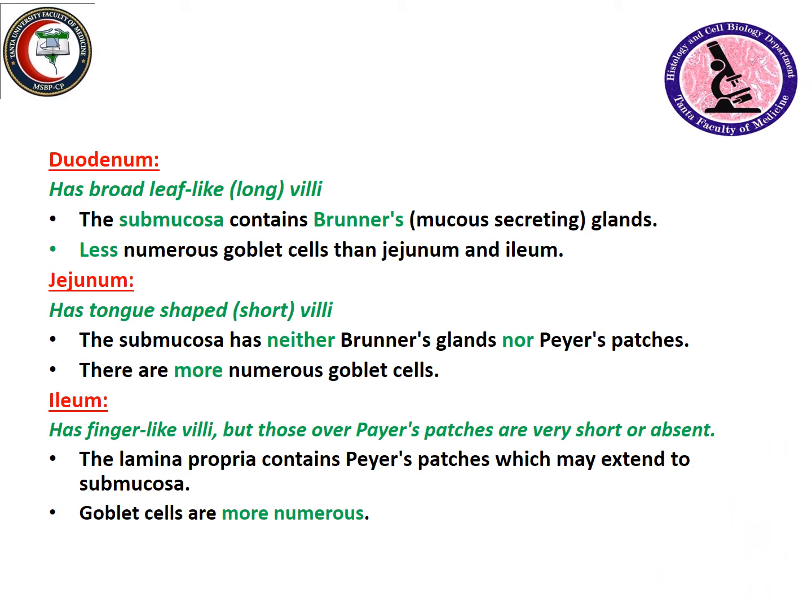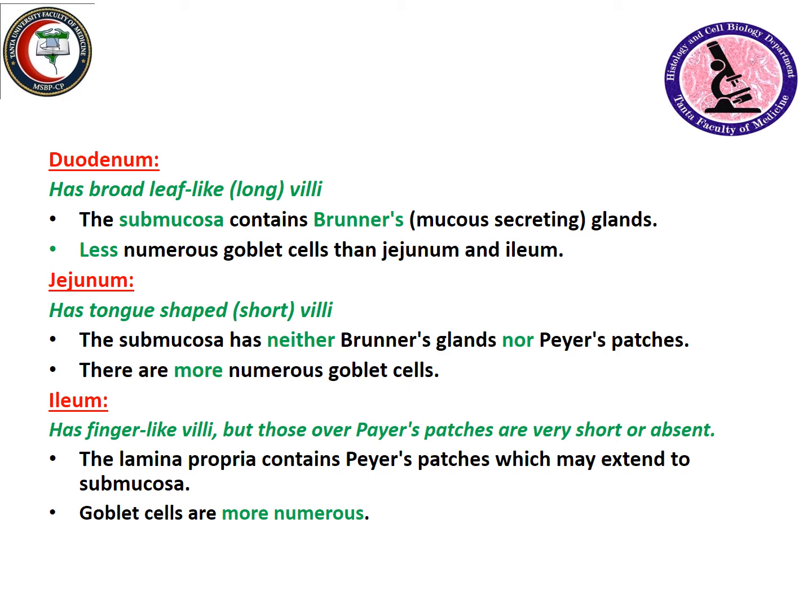At the beginning of the lecture, we said that the small intestine is formed of three segments: duodenum, jejunum, and ileum. And we said that all segments of the intestine are covered by villi, but the shape of the villi differs from region to region.